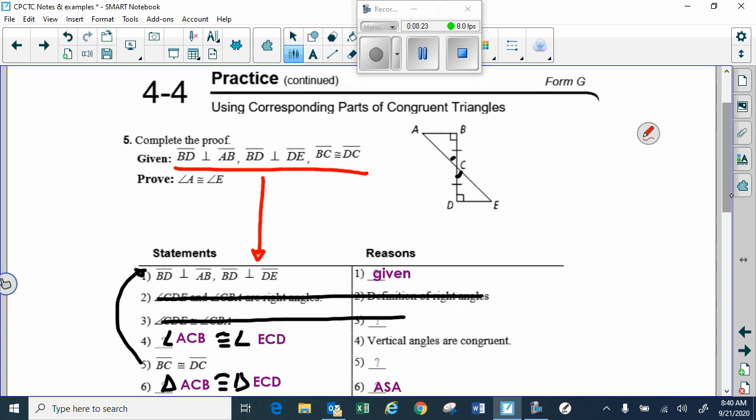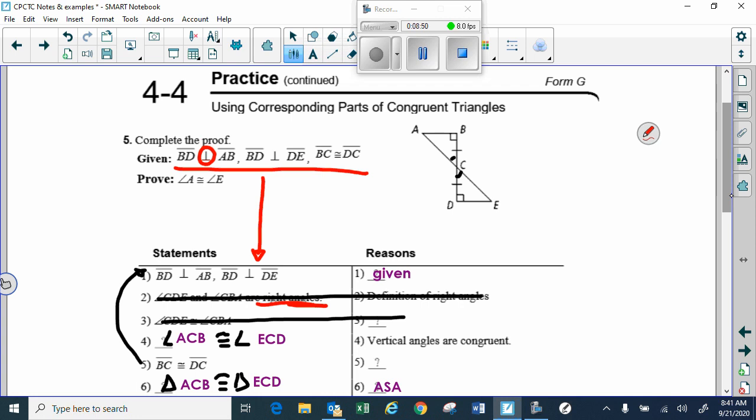I cross these out because I don't need you to write them down. Some books will make you write down more steps for it. So this just says they're perpendicular, and we know if they're perpendicular, they're right angles. And that's what they wrote down right here, right angles. And that's the definition of a right angle.